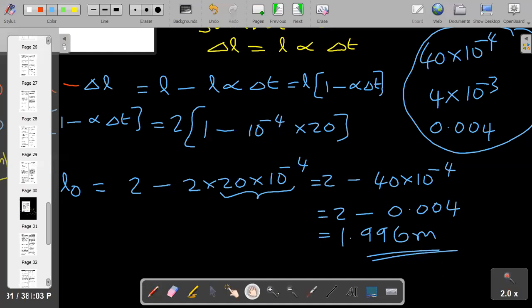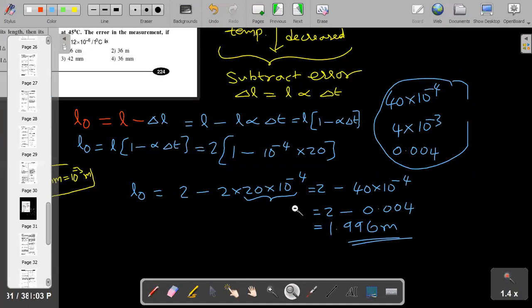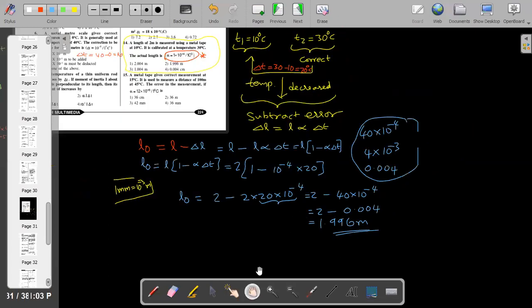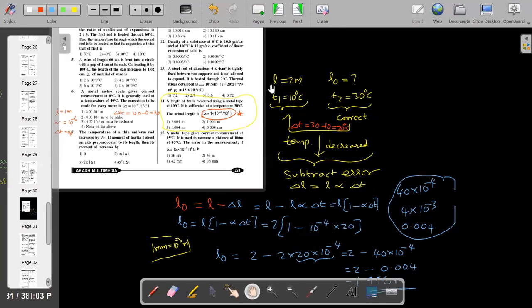So from this, I understood what I am getting for this problem. Just check now, I will summarize. First, I have taken L equal to 2 meters, that is given at 10 degrees centigrade. Next, they are asking us L naught, that is at 30 degrees centigrade. The temperature has decreased, that means we have to subtract the error.